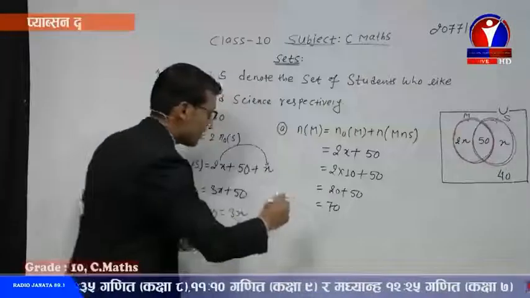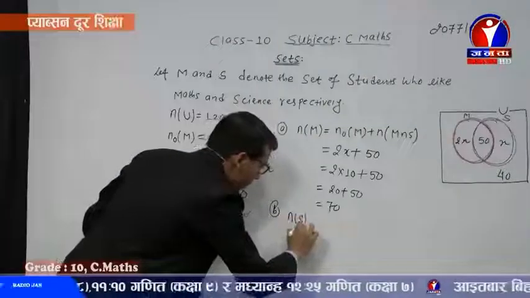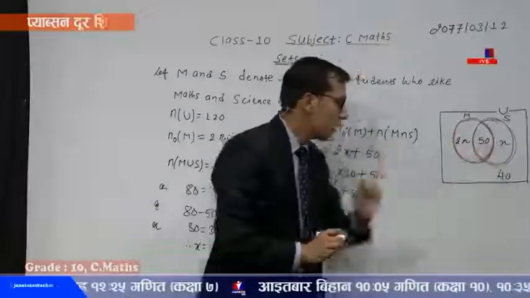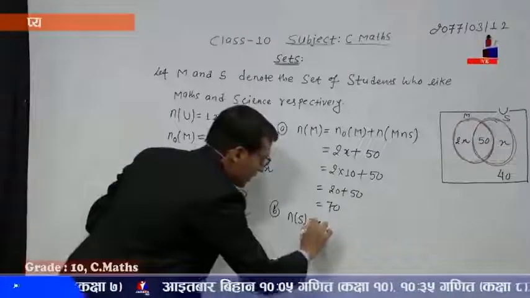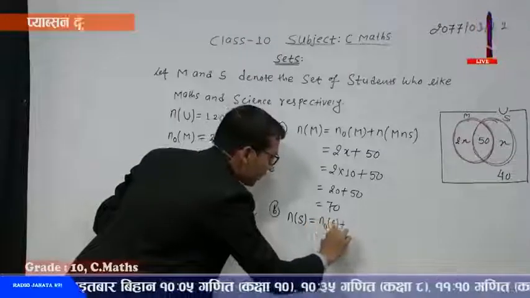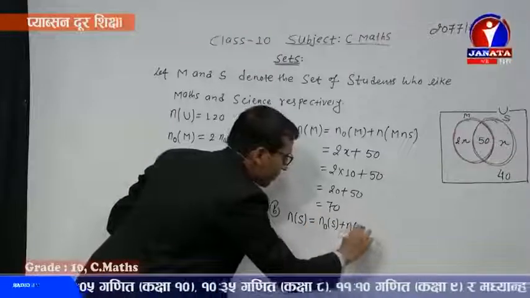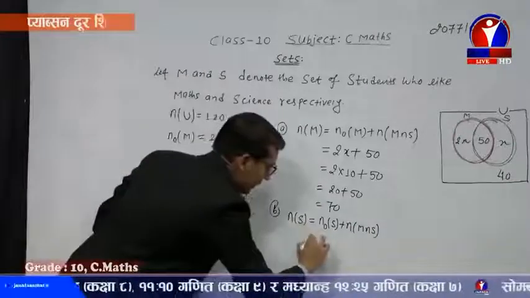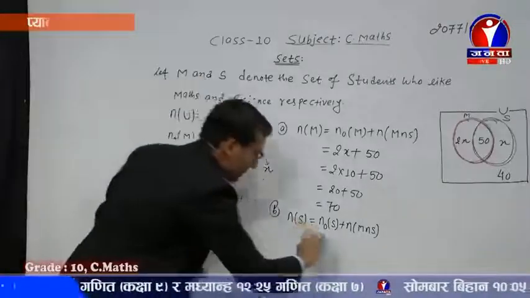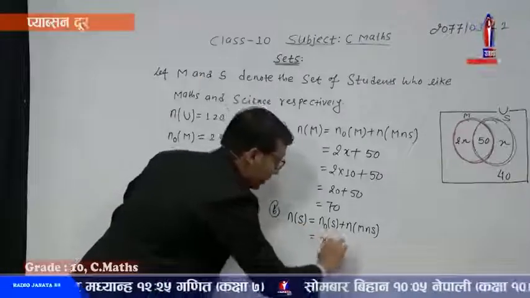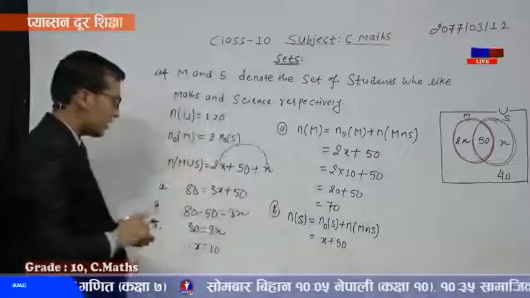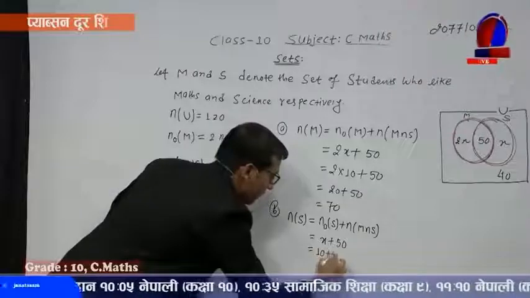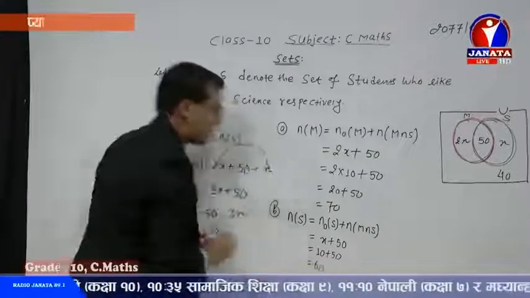So n of S is n only S plus intersection. n only S is x plus what is the intersection? 50. So if we put x equal to 10, 10 plus 50, this is 60.